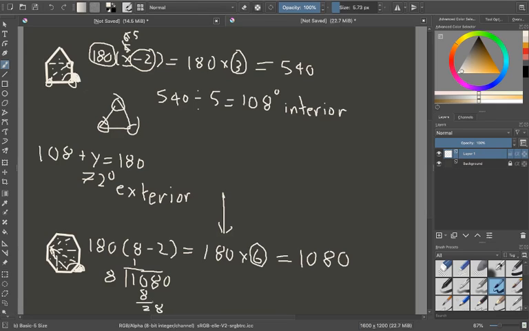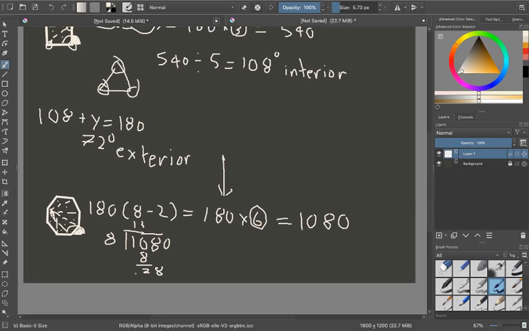Bring down the 8, 28. 8, 16, 24, 3, making this 4. Bring down that 0 over there, and this is 40. 8 times 5 is 40, making 0. So the interior angle is going to be 135.